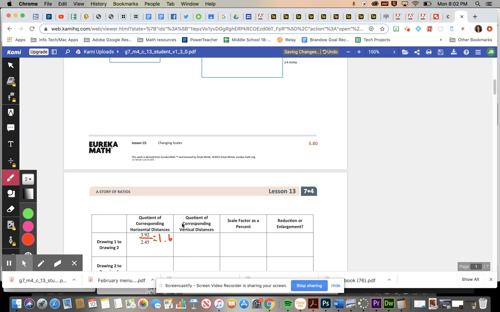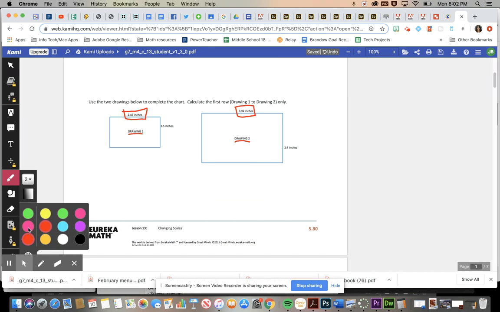Okay, and then the quotient of corresponding vertical distances, I'll switch over to purple. Here's my vertical, 1.5 in the original and 2.4 in the scale.